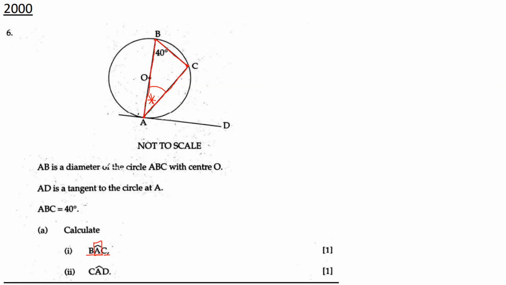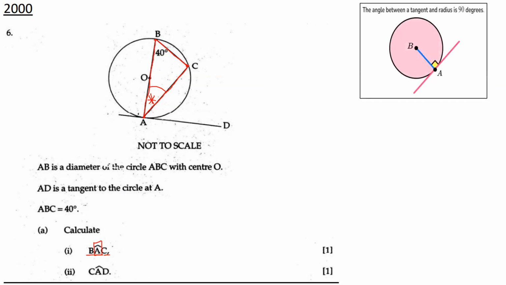Okay, so how are we going to figure out what angle A is? What theorem can we use? Oh, okay, this theorem. If we look carefully, there's a theorem that says that the angle between the tangent and the radius is 90 degrees. And so if we look carefully, let's draw the lines. This line right here, the one that's in purple, that is definitely the radius.